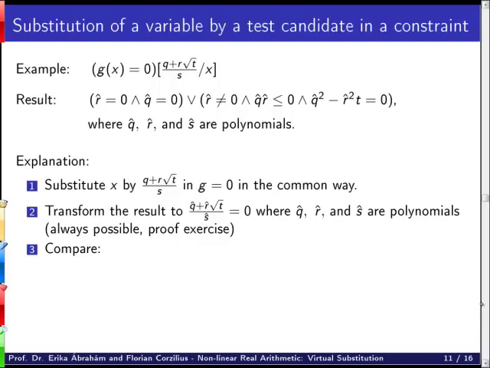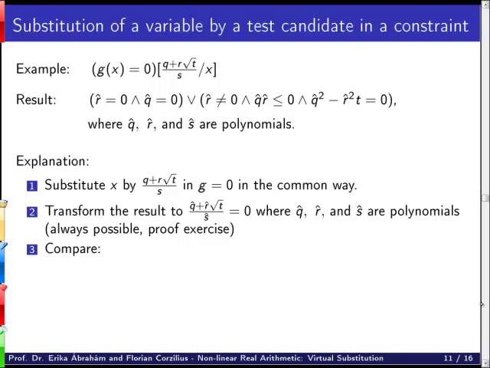You can maybe prove this as an exercise. It's not that difficult. If you make addition of two such terms, you can transform it back to such a term, and by multiplication it's the same.